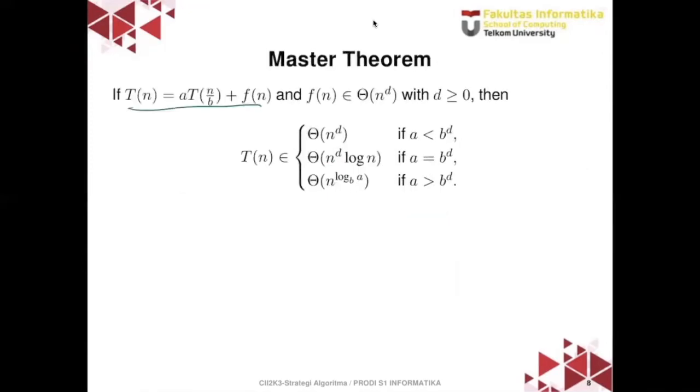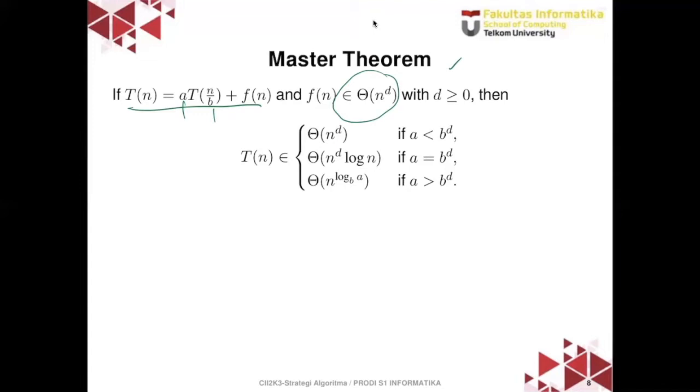After we know the recurrence relation for our algorithm, we can get the complexity class for the algorithm by using the master theorem. Maybe you already studied it in analysis of complexity of algorithms. Here we consider the variables a, b, and also d, where d depends on the class of f(n).